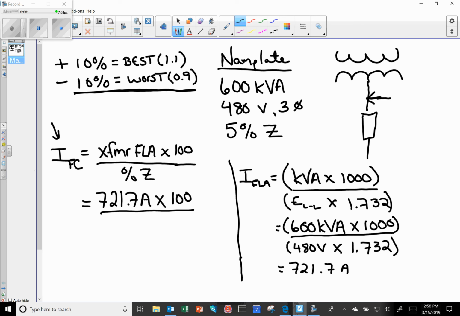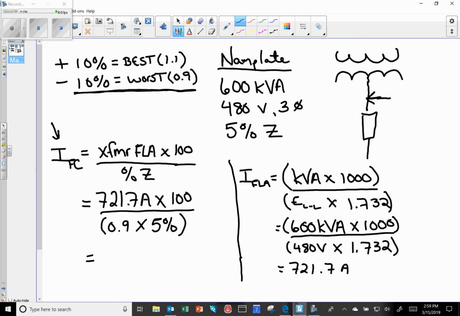So for that, we're just going to simply put in 0.9 times our percentage of impedance, which is 5%, and put that into our calculator.